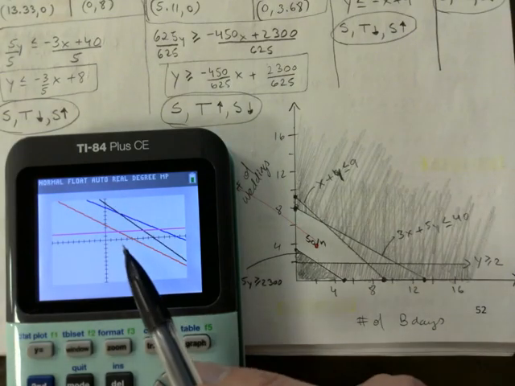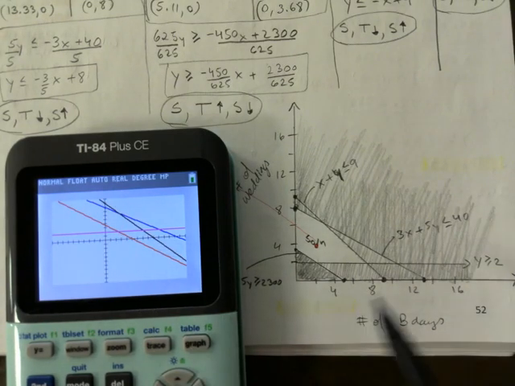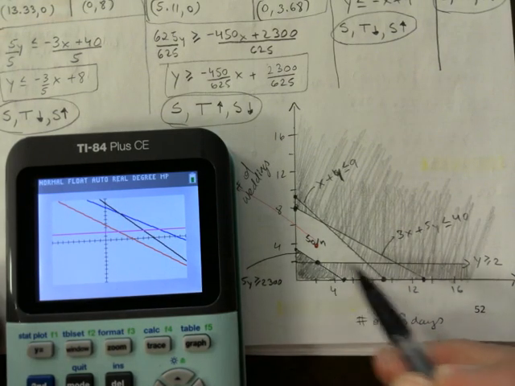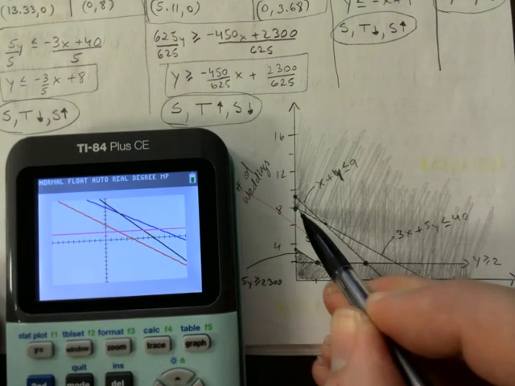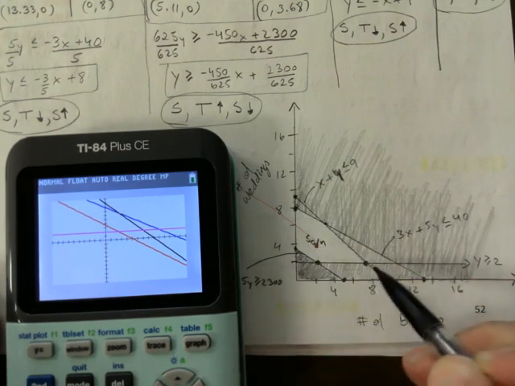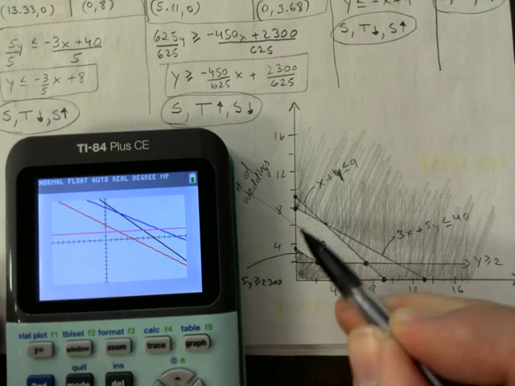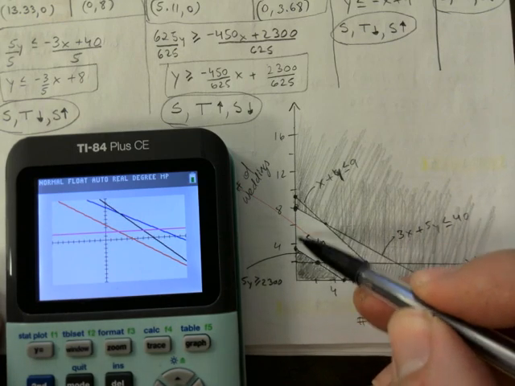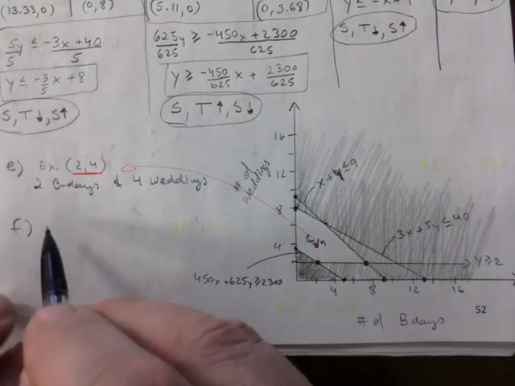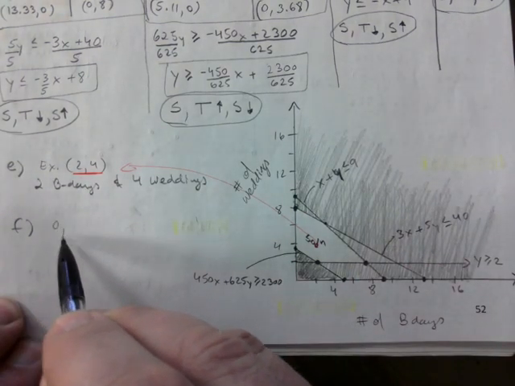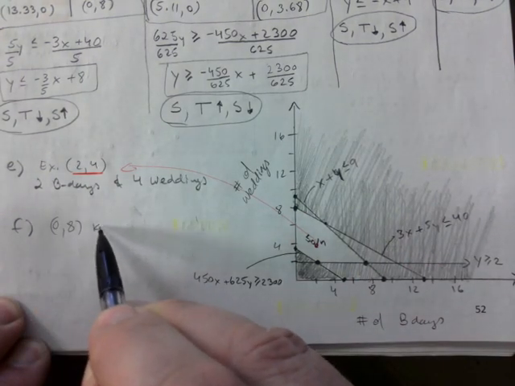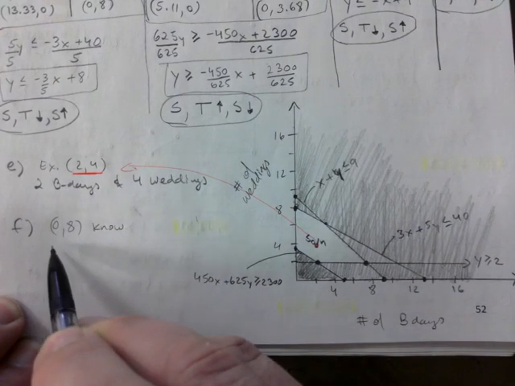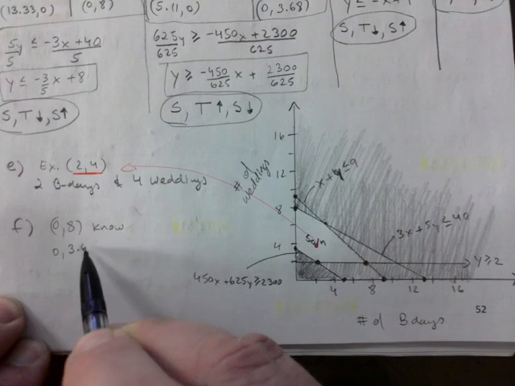So watch this. I need to figure out the corner points. So there's 1, 2, 3, 4, 5 corner points here, 2 of which I already know. So I will do this 0, 8. I already know this. And then it's 0, 3.68.